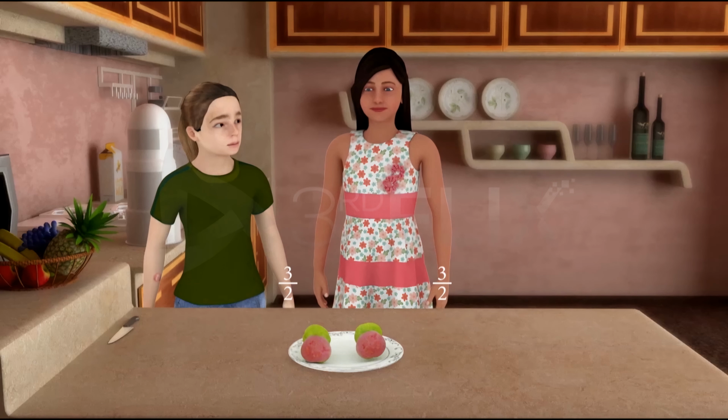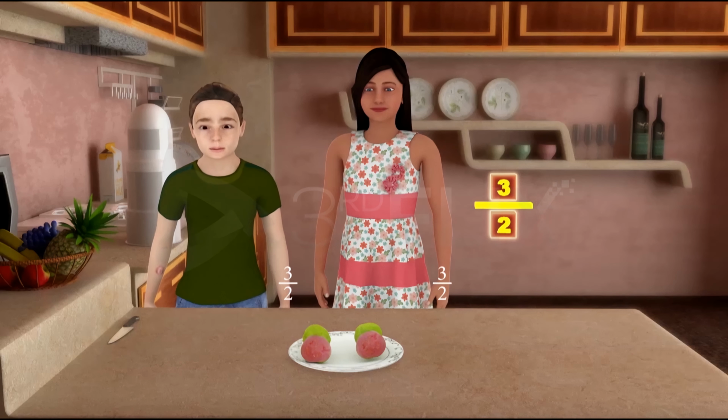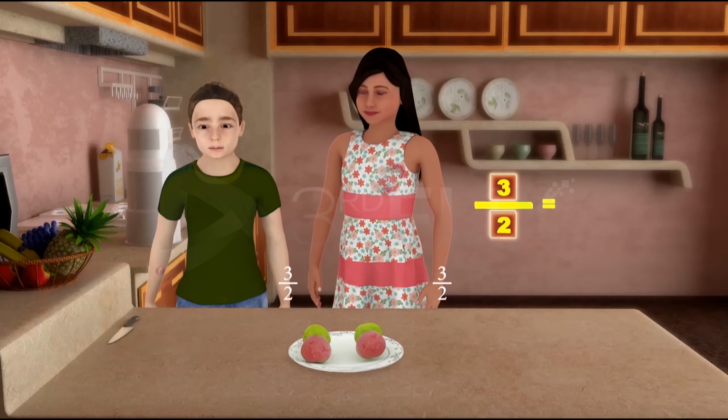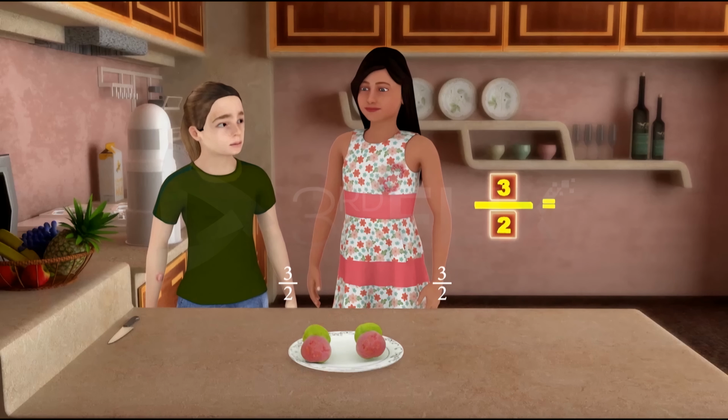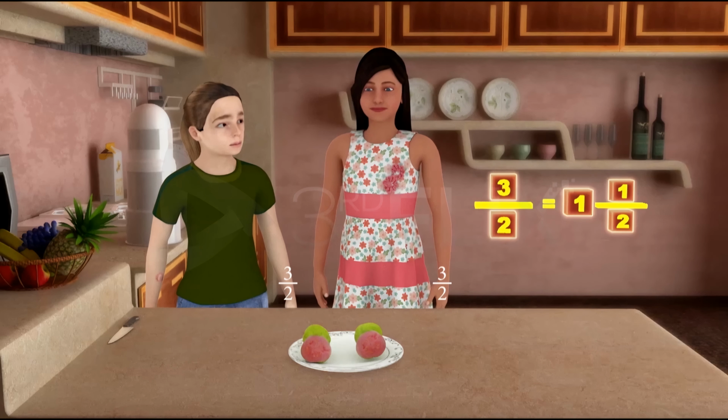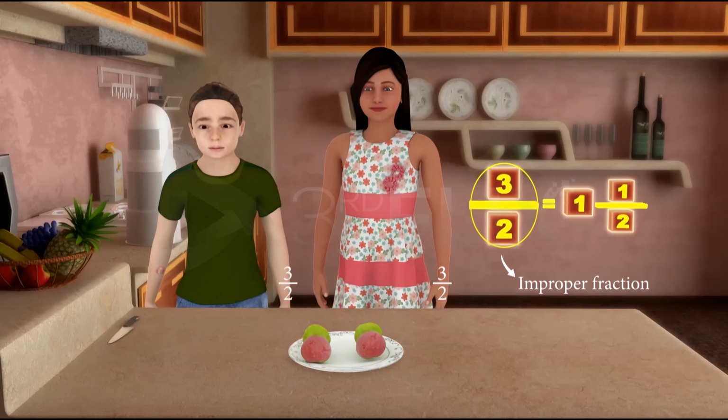The fraction 3 by 2 is an improper fraction. It also equals 1 whole and a half, which can be written as 1 1 by 2. This kind of representation is called a mixed fraction. Here, the improper fraction is 3 by 2.